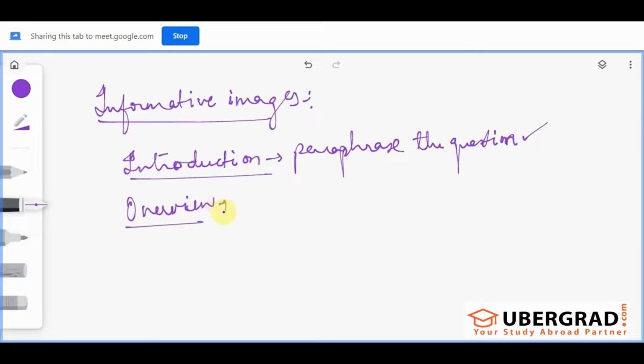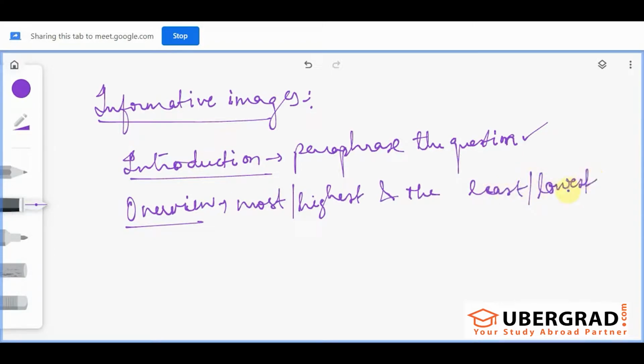Now, what is overview? Overview means the most or the highest, and the least and the lowest. This is what you have to write in the overview, followed by two body paras.